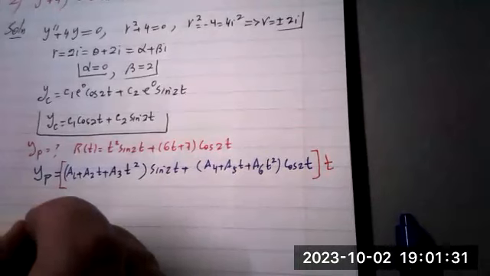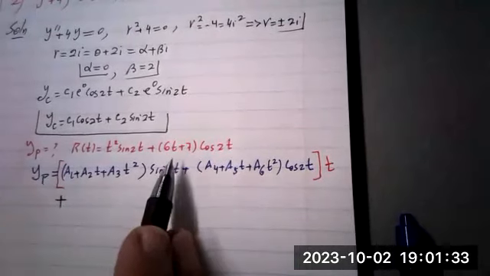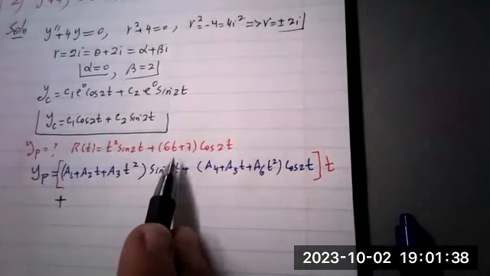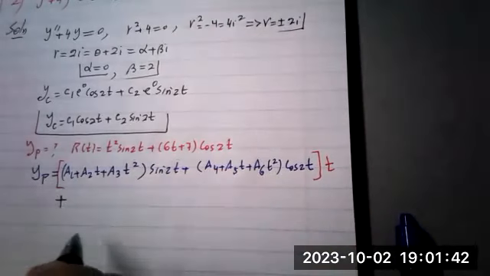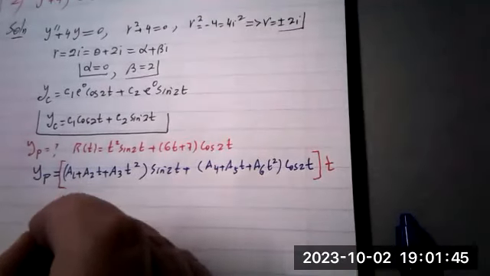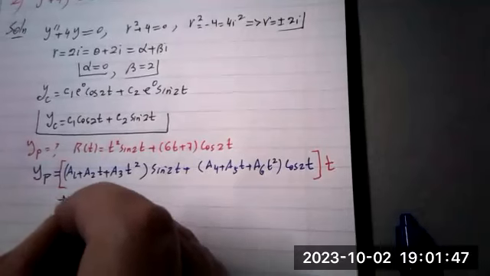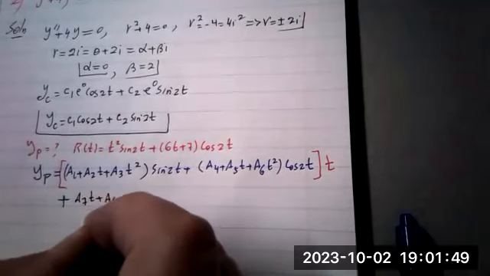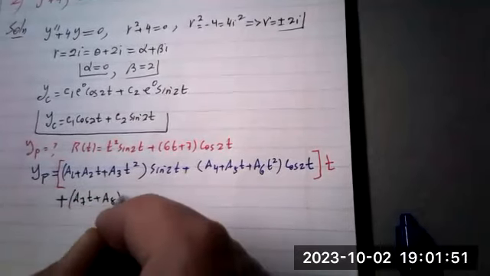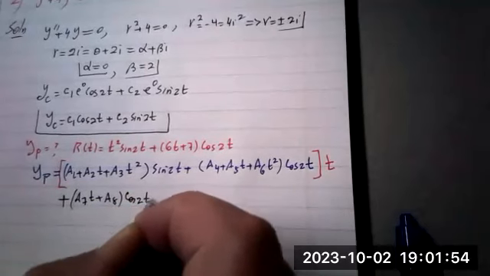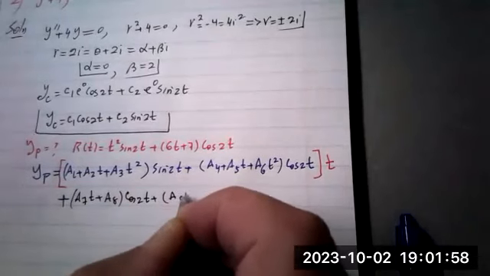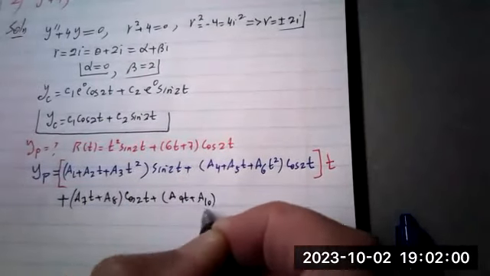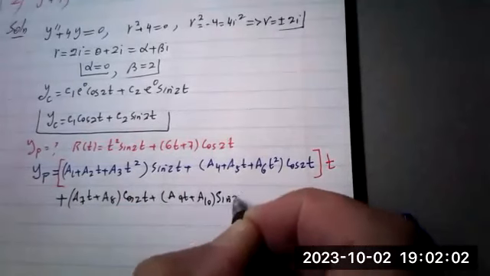In the second part, you have a first degree polynomial, 6t plus 7, so we change it. It's going to be A7t plus A8, and that would be the cosine of 2t, plus you can continue, A9t plus A10, and that would be the sine of 2t.